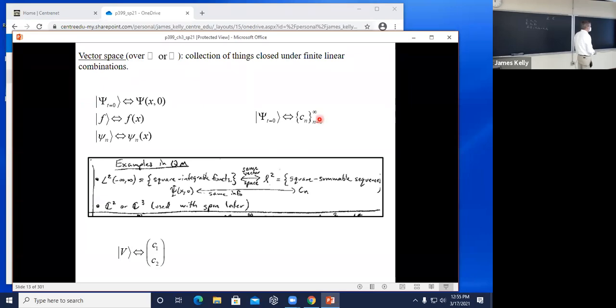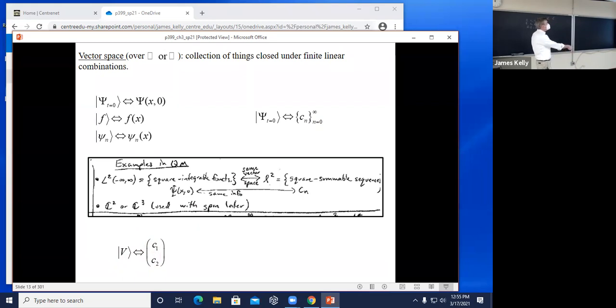And similarly, usually when we're talking about finite dimensional vector spaces, often we'll write them as column vectors, right? You're used to doing that, at least if you're in linear algebra, but sometimes in physics too. So if this is a vector in a two-dimensional complex vector space, then I might have one complex number here, another one there, and I put them in a column vector, displaying what the components are. It's fairly common.